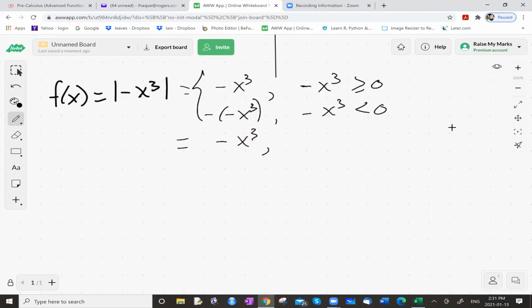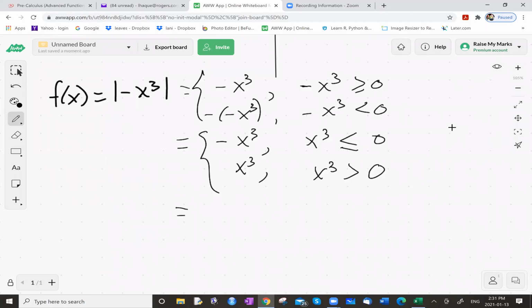Negative x cubed greater than or equal to 0 is the same as x cubed less than or equal to 0. Negative of negative is just a positive, so we have x cubed when x cubed is greater than 0. So remember, when you multiply or divide an inequality by a negative, the inequality changes.